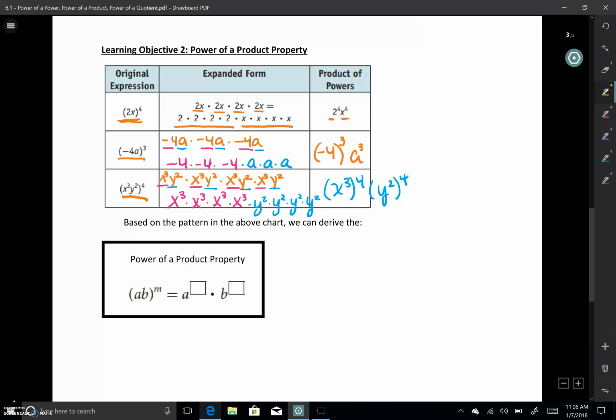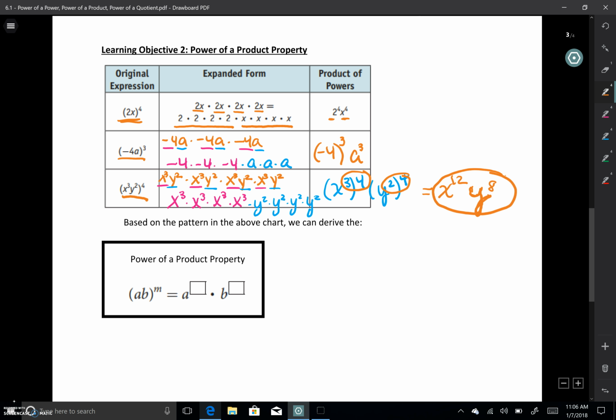However, if we think about the power of a power property that we learned, that was learning objective 1, I know that I can multiply my exponents here, because any power raised to another power, multiply the exponents. So really, I have x to the 3 times 4, which is 12, times y to the 2 times 4, which is 8. And that's my final answer. X to the 12th, y to the 8th.